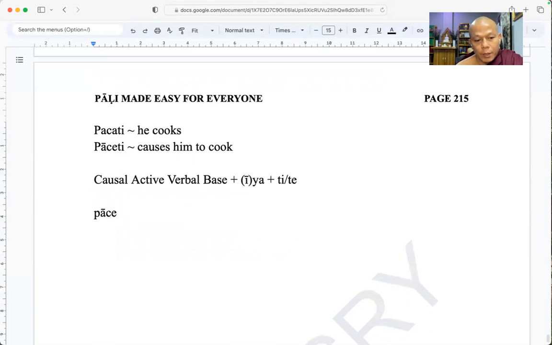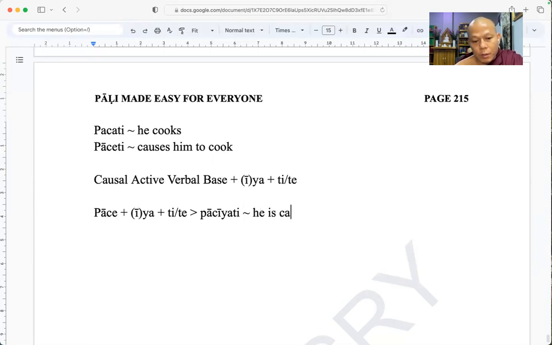Now pāci, and then "ya," and before "ya," E is inserted, and then the ending. So now we have pāciyati, pāciyate.